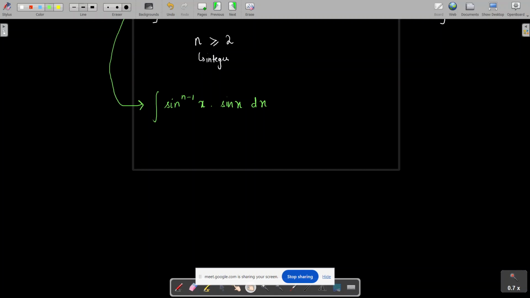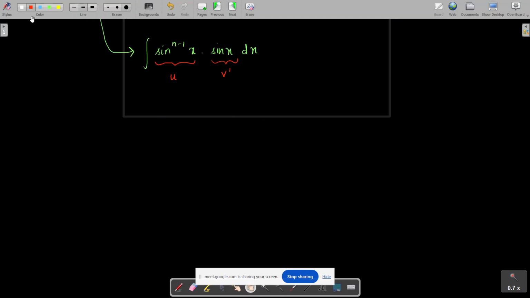In this case, we are going to take this one as our u, and this one as v prime. Okay, let's do this. So my u is sine n minus 1 x. What will be u prime, the derivative of this?